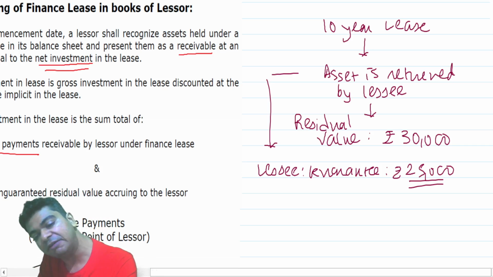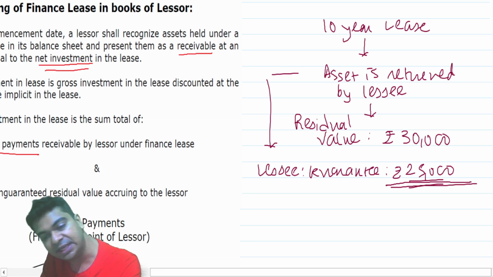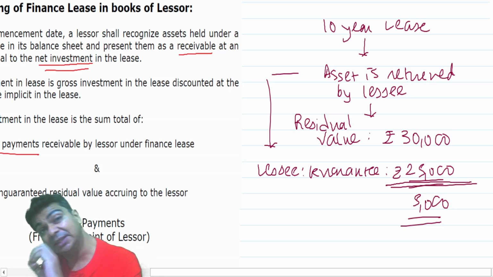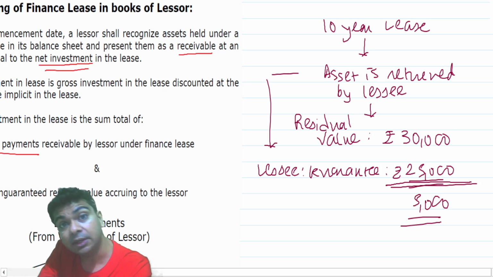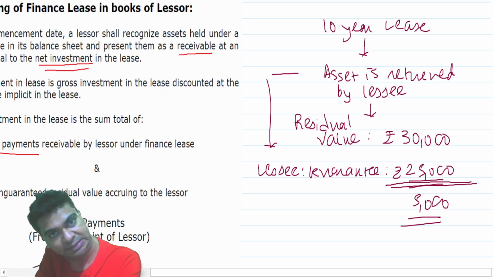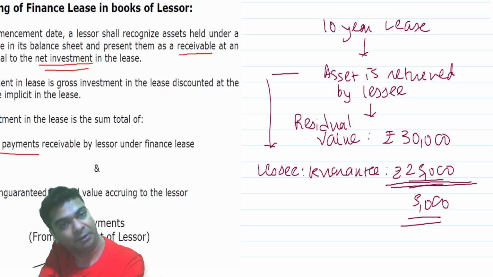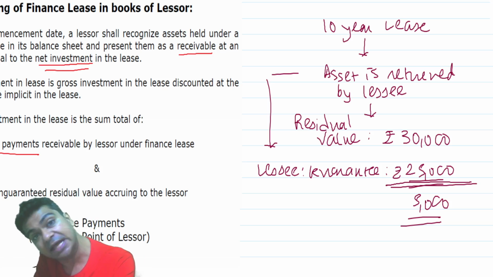Out of that, 25,000 is guaranteed by the lessee. So I am expecting another 5,000. This extra 5,000 is not guaranteed by the lessee, but I know I will get it. This is what we are referring to as unguaranteed residual value.